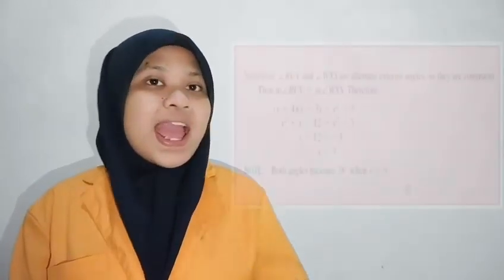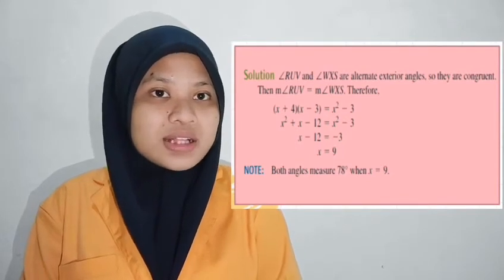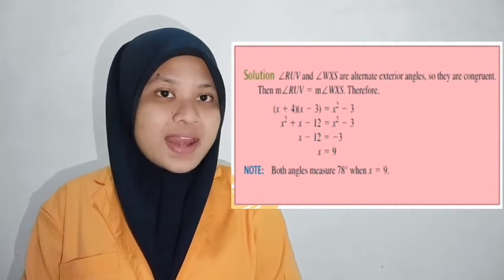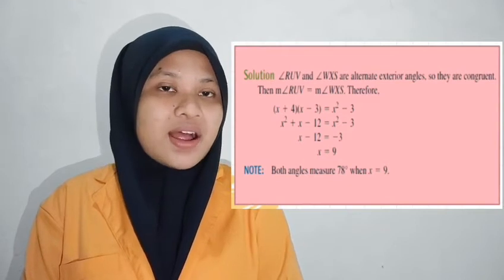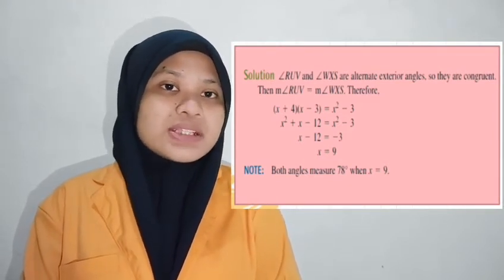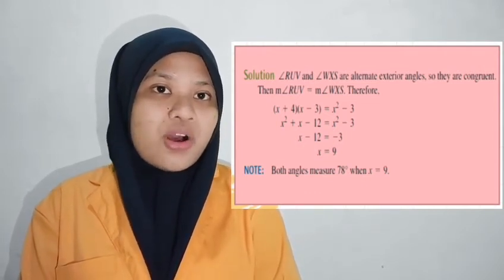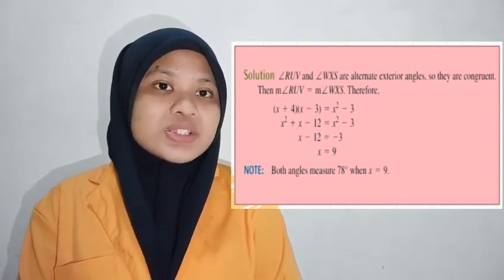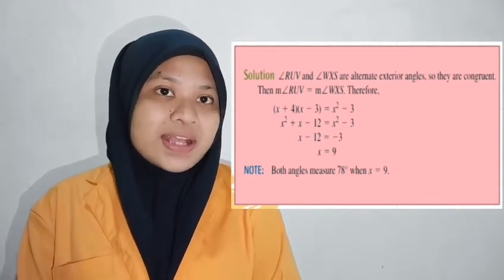Solution: look at angle RUV and angle WXS. They are alternate exterior angles, so they are congruent. Then the measure of angle RUV is equal to the measure of angle WXS. Therefore, (x+4)(x-3) is equal to x squared minus 3. The product of x+4 and x-3 is x squared plus x minus 12, which is equal to x squared minus 3.